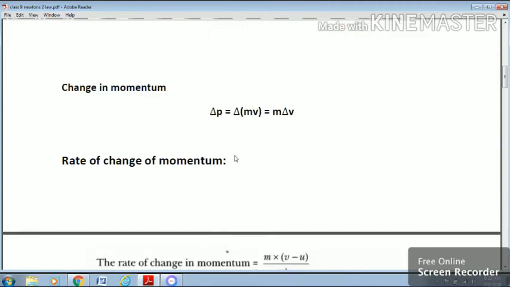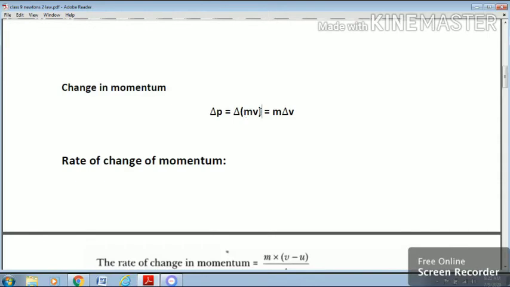Now, to calculate the change in momentum, we denote it with this symbol, a small triangle, that is read as del. Del means a small change in momentum. So here again on the right hand side also we have a del mv.